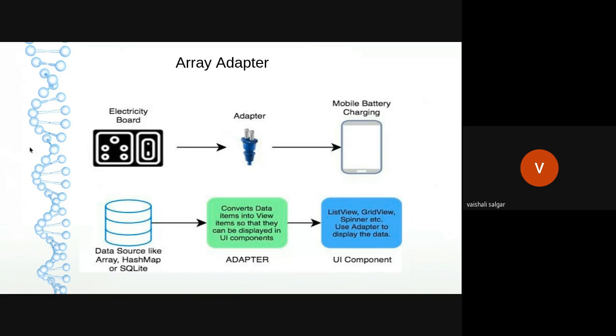One example is, if I want to charge my mobile phone, we need a USB cable and an adapter which will connect my electricity or power point with the mobile phone or your device. Okay, so in the same way here in my UI component, I can use either the ListView, the GridView, or the spinner in order to specify the list of values.